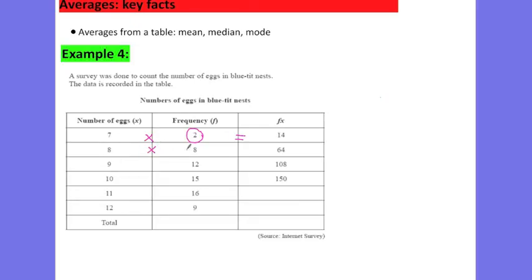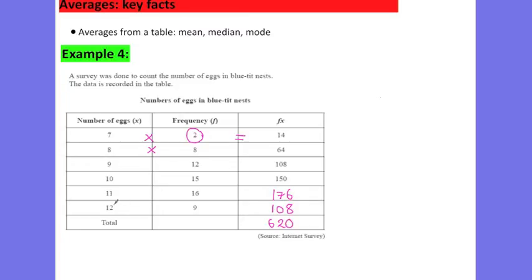Similarly here, 8 times 8 gives us 64 eggs. This is enabling us to find the total number of eggs. Our missing value here is 176. Our missing value here is 108. Our total, the total number of eggs, is 620.